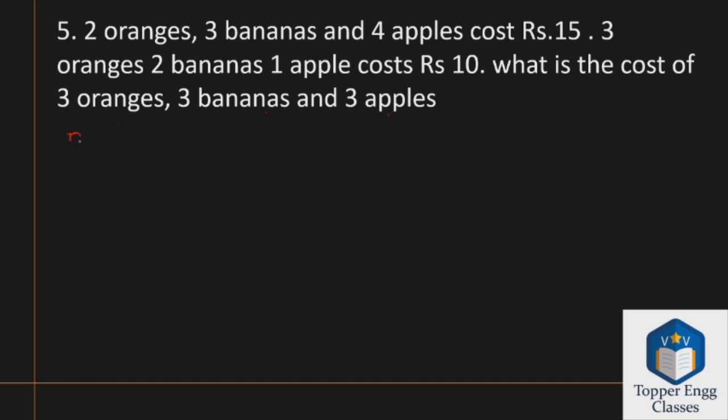So the given is 2 oranges plus 3 bananas plus 4 apples equals 15 rupees, and 3 oranges plus 2 bananas plus 1 apple costs 10 rupees.